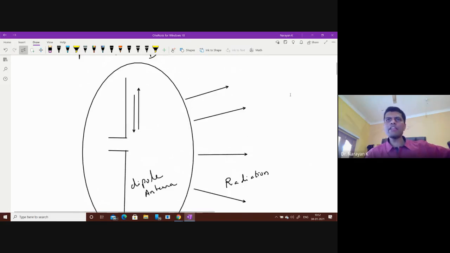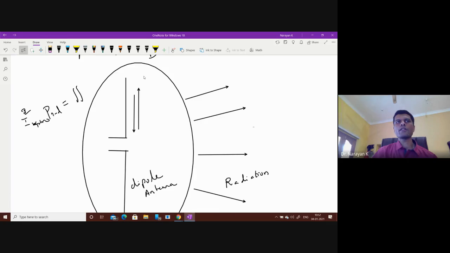So what I need to do is, I have to equate I squared RMS into the power radiated. This will be integrated over the radial component of the Poynting vector.